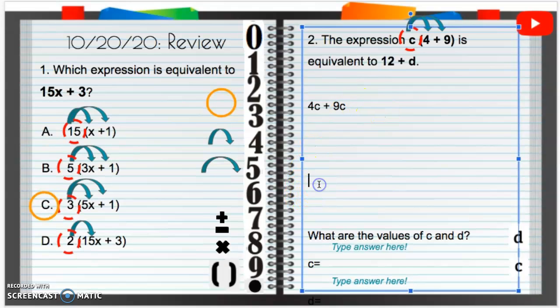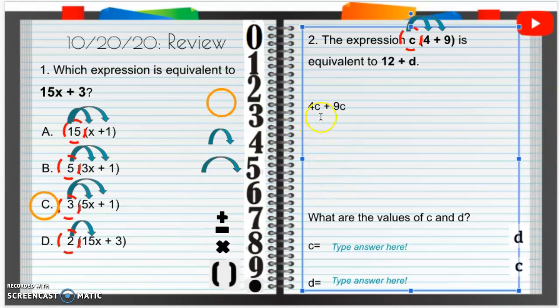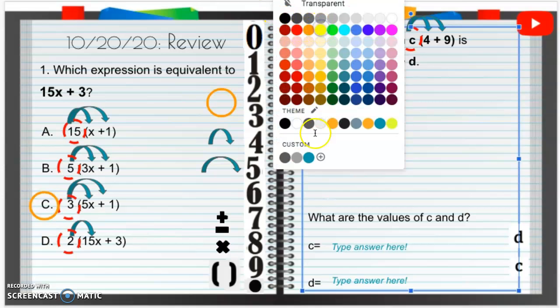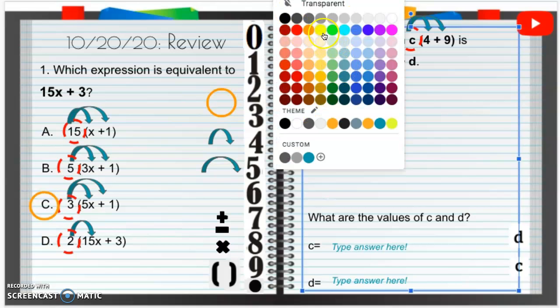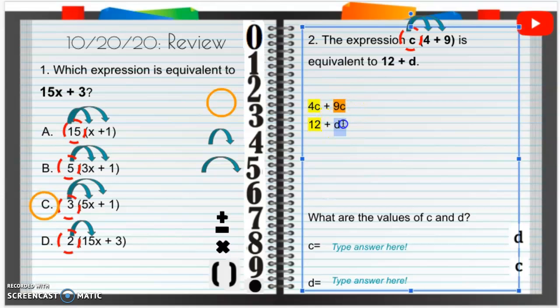So we know that that is equal to 12 plus D. So if I write 12 on the bottom here, plus D, now we can see that 4C is going to equal what 12 equals. So those two are going to go together. And then 9C, or 9 times C, is going to equal what D equals.